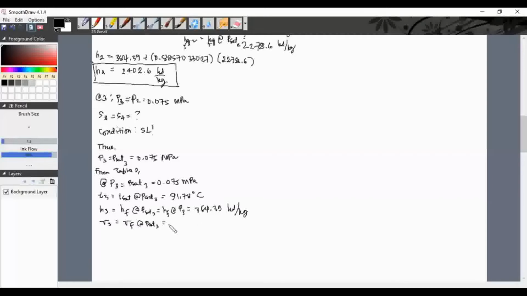So, that is V sub F at P3. So according sa table, that is 1.0373. Of course, pag kalimutan ng times 10 raised to negative 3 cubic meter per kilogram mass. So ito na yung mga kailangan nating values sa saan? Sa point 3.